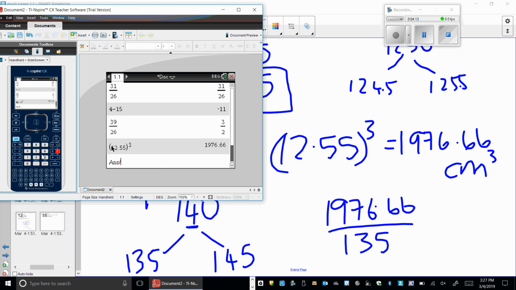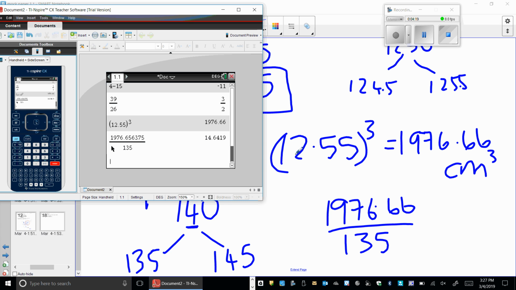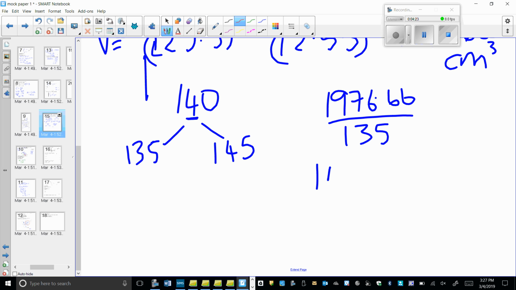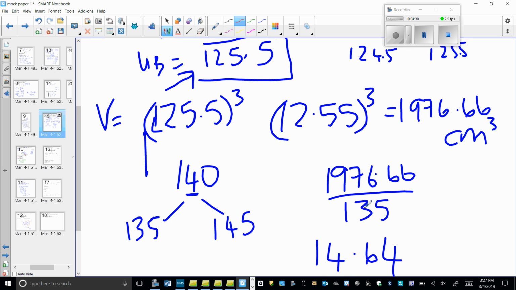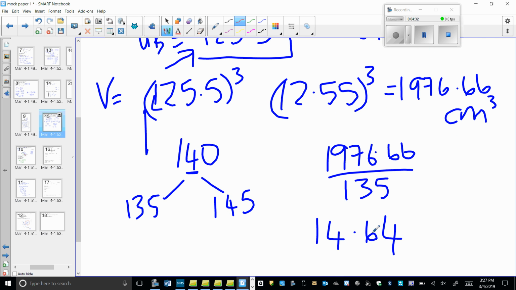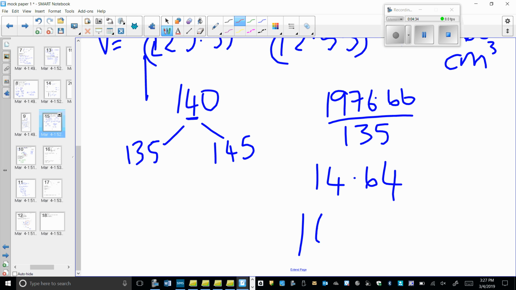So we're going to divide that by 135. And that gives 14.64. So our greatest number of spheres we can make is 14. Now obviously we can't make the 0.6, so it would be 14. Now you may have had that answer, but if you didn't have this correct working, then you didn't get any marks.